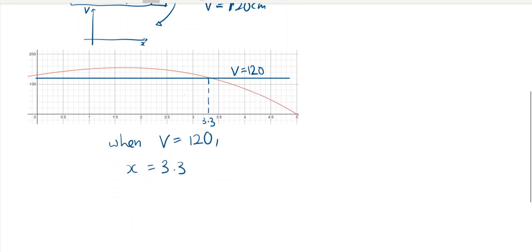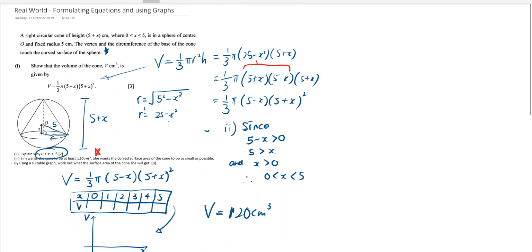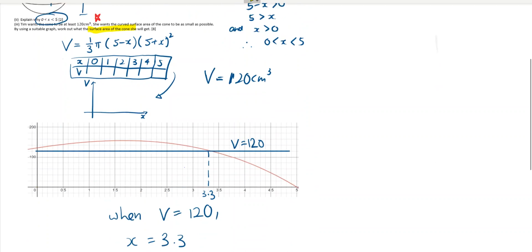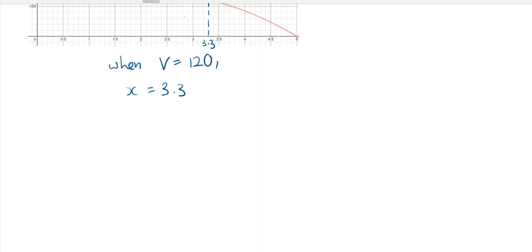So looking back at the question, we want to have the surface area of the cone. Surface area is pi r L, which is equal to pi times your radius.